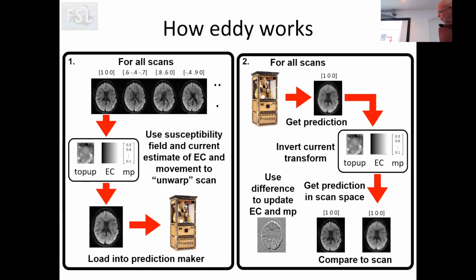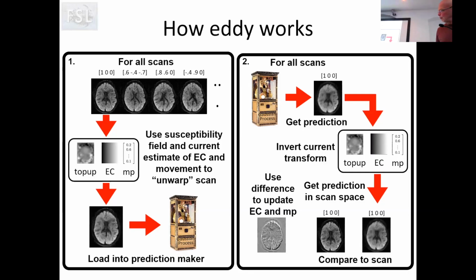And in scan space, I can then compare it to the actual data. The point here is that because this prediction is now based on all the data and not just on the data that had that particular diffusion gradient, it will be in a diffusion space that is defined by all these different images. So it's going to be different from the actual scan.